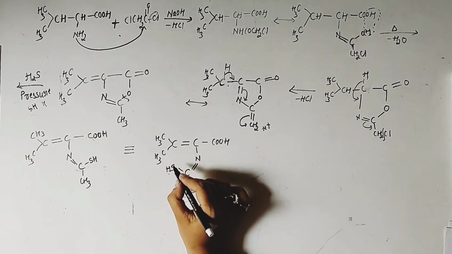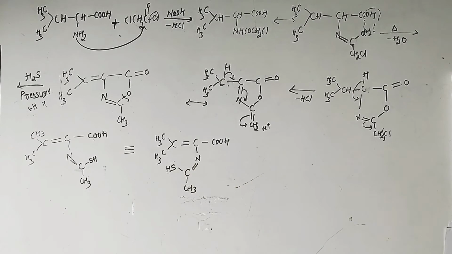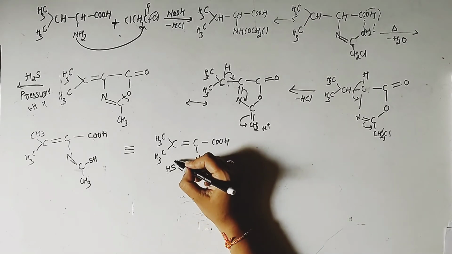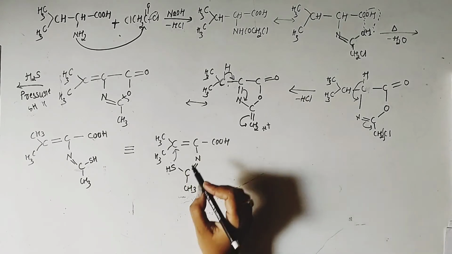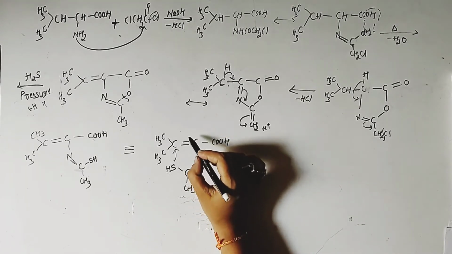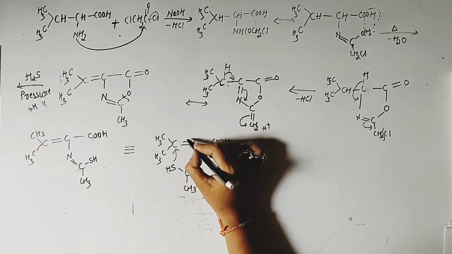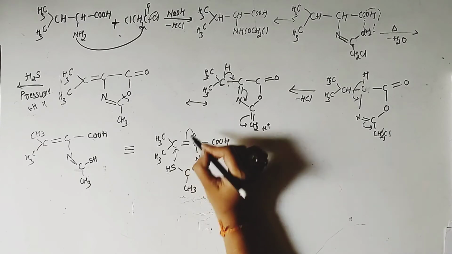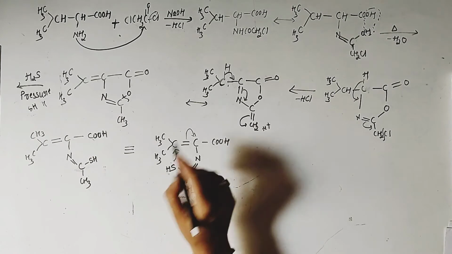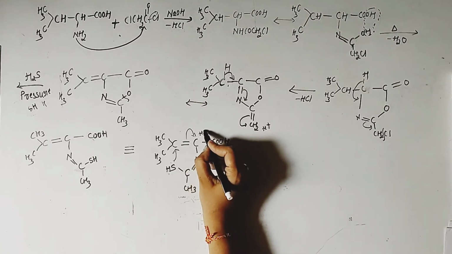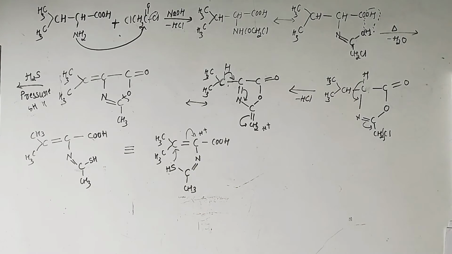Now our sulfur has a lone pair of electrons, and this sulfur will now bind this carbon, and here the breaking of this pi bond will take place. So here the elimination of one hydrogen will take place, and at the same time the addition of one hydrogen will take place in this position.